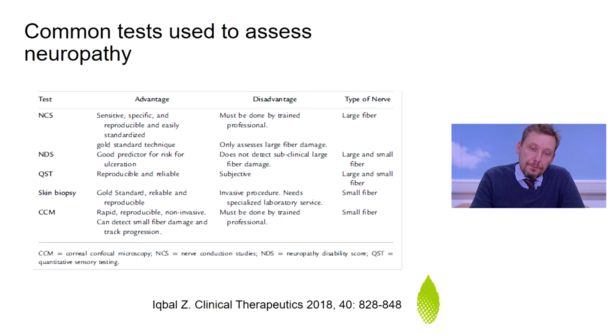And then more specialist techniques which are available in some centres in the UK include skin biopsy studies, in which the intraepidermal nerve fibre layer density is assessed after having performed a skin biopsy. This is obviously an invasive test and has all the associated risk factors associated with breaking the skin and taking a sample.